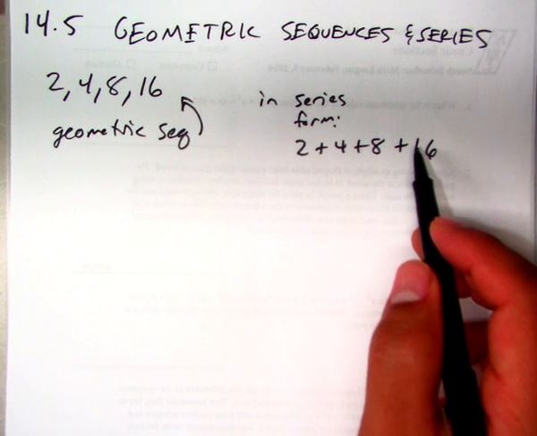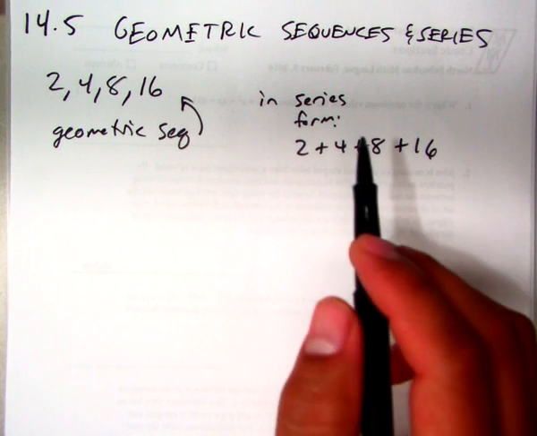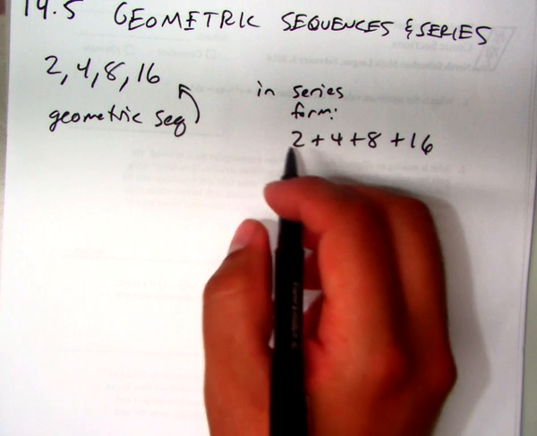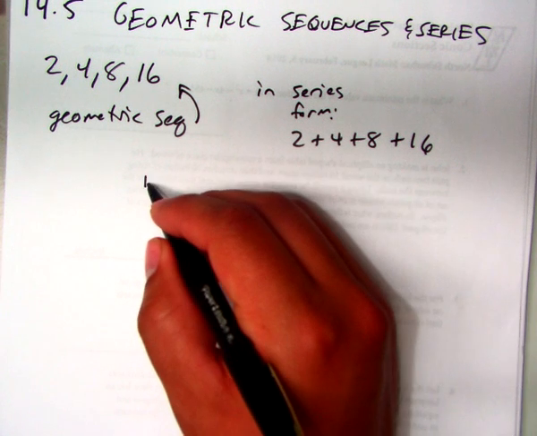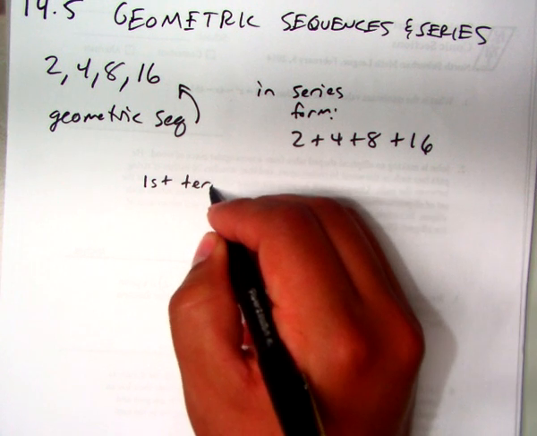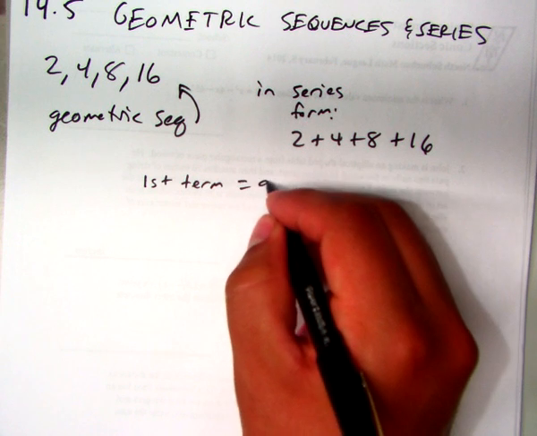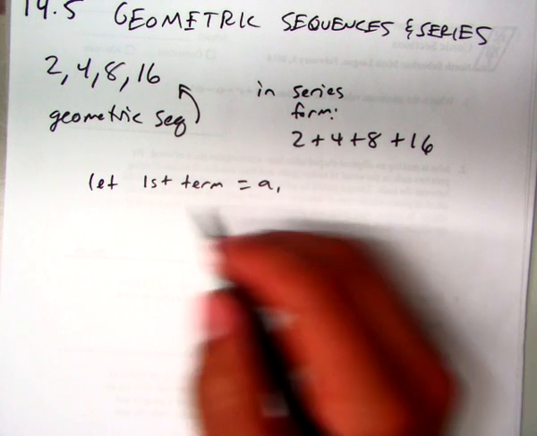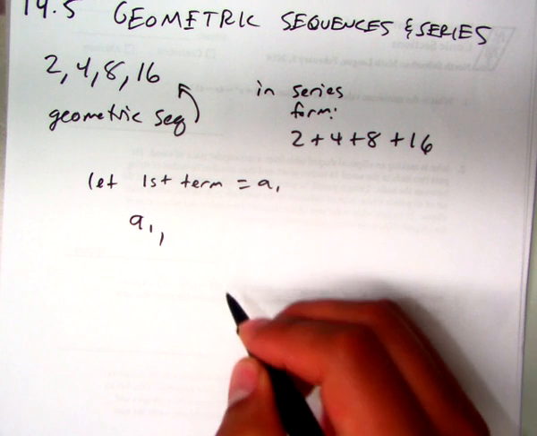Okay, so now the general rule. I can actually prove to you where it comes from real quick. Let's say the first term is a sub 1, as usual. So let the first term equal a1.